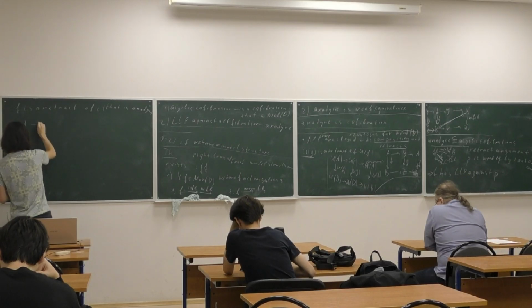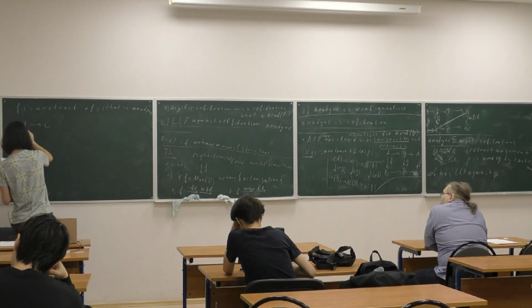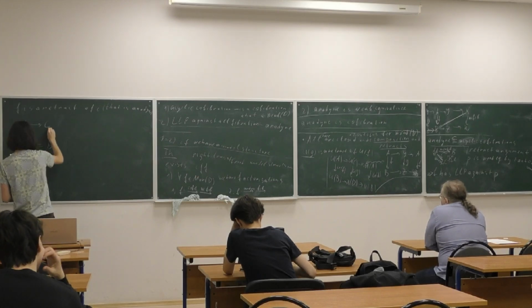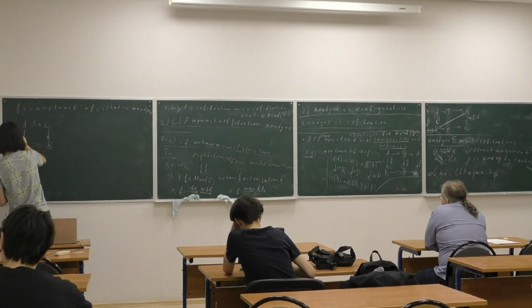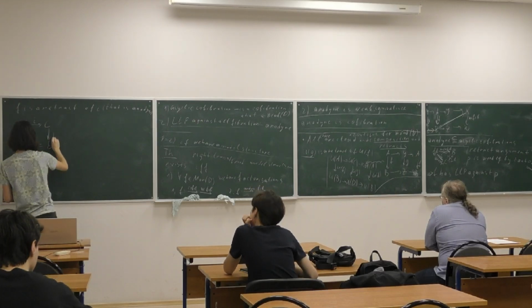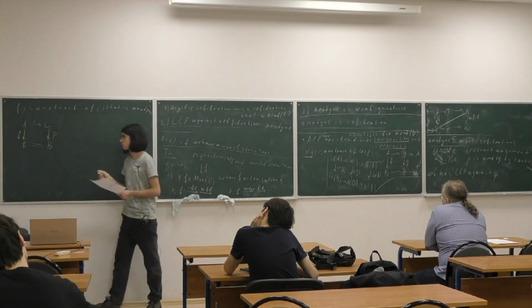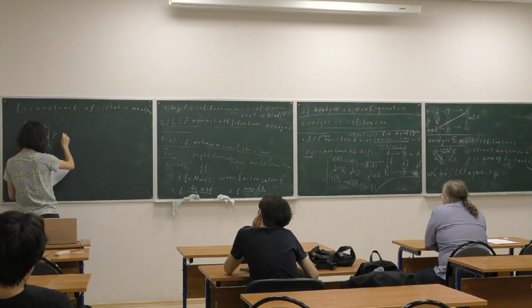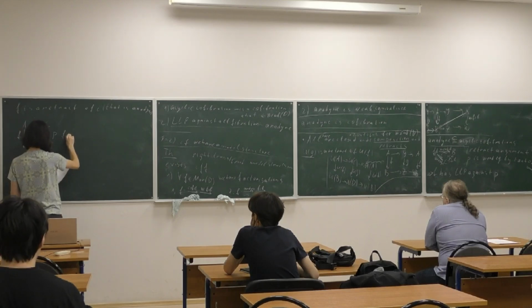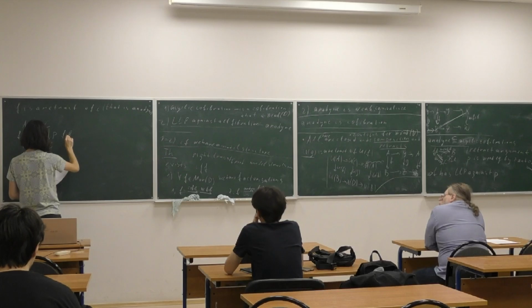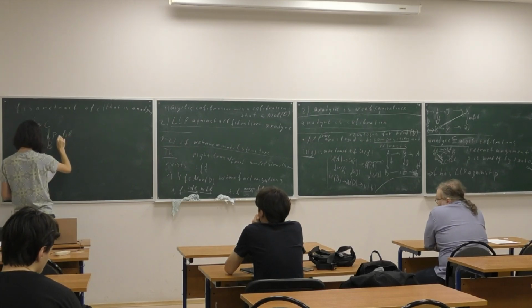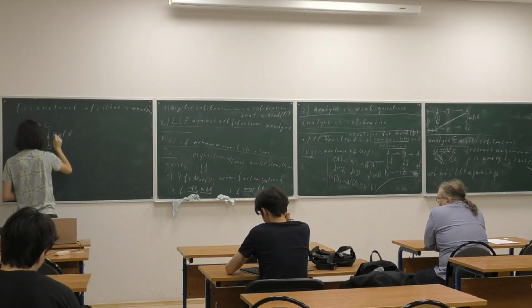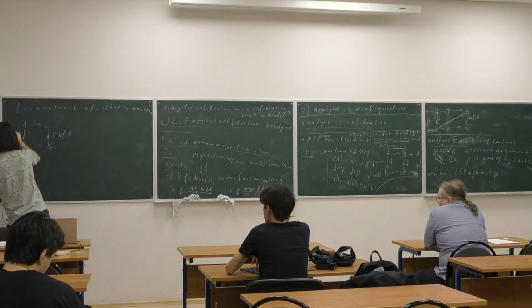Firstly, I will draw a diagram of this form. That is commutative. P is a fibration, acyclic fibration, F is a cofibration.